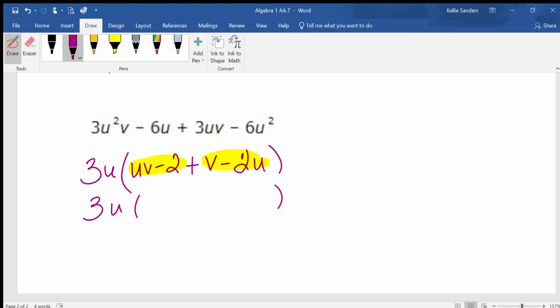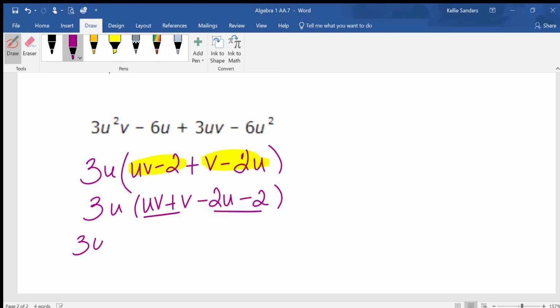And there's several different options that we could look at. I am going to keep the UV here and rearrange, put the V there, and then I'm going to put the U in front of just the regular 2.